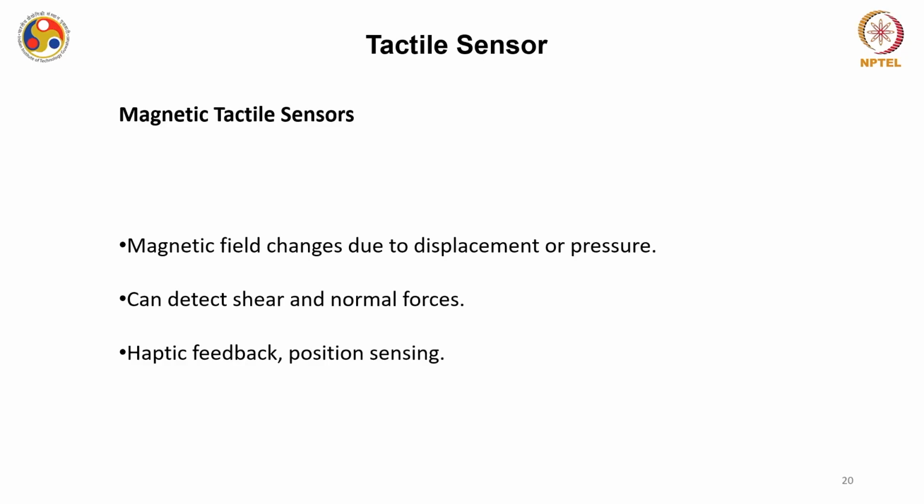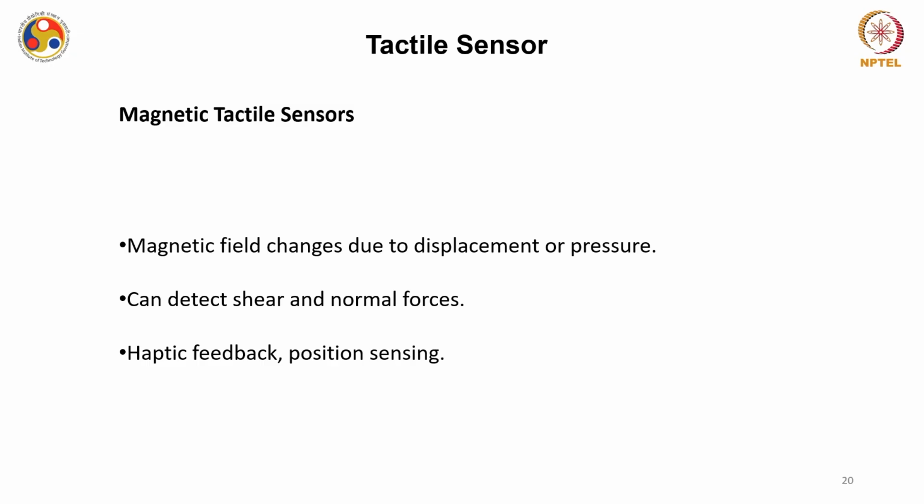Then there are tactile sensors based on the magnetic effect, where the magnetic field changes due to the displacement or applied pressure. The advantage of this kind of tactile sensor is that it can detect shear as well as normal forces.